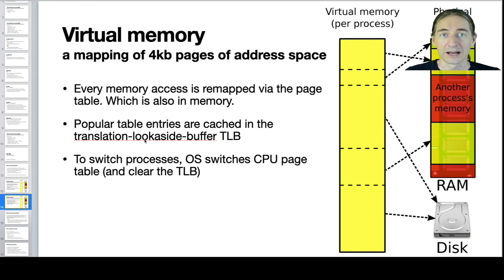But that's sort of how we switch processes, or a large part of it. I think an important thing to note there is that if you switch processes, if you change the page table, you do have to clear the TLB. So anytime you come back, you're going to have an empty TLB, and your accesses will be slower for a while until you've populated the cache again.